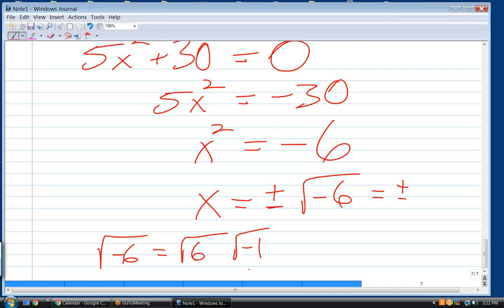In other words, always take out that minus 1, because we know what that is. That's i. And so the answer is square root of 6 times i. But if you always do this step, you will never have the problem that you encountered. There will never be any doubt in your mind as to what it is.